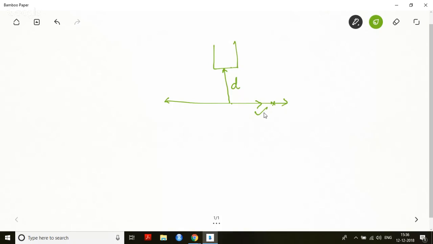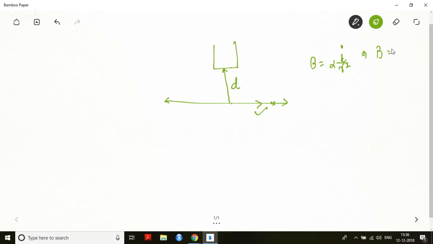But how does that current get evolved? The current gets evolved by a process known as electromagnetic induction. Try to understand: magnetic field is proportional to the pole strength m and inversely proportional to 1 by r square.